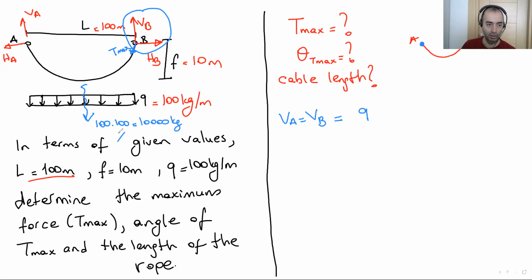So if you calculate the support reaction, half goes left, half goes right. So Q times L over 2 here is 5,000 kilograms. Now we know 5,000 here.